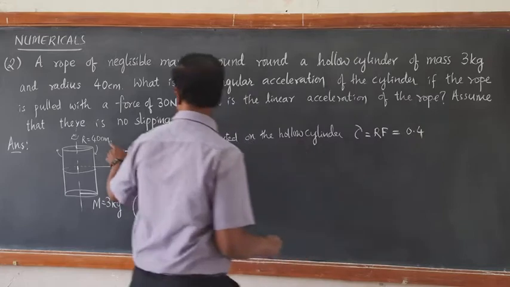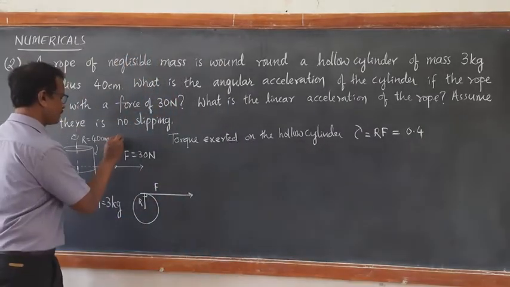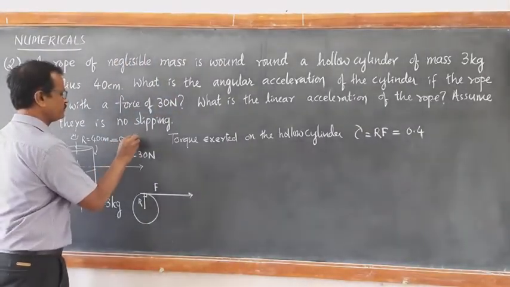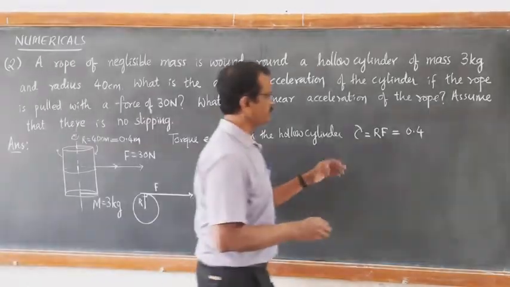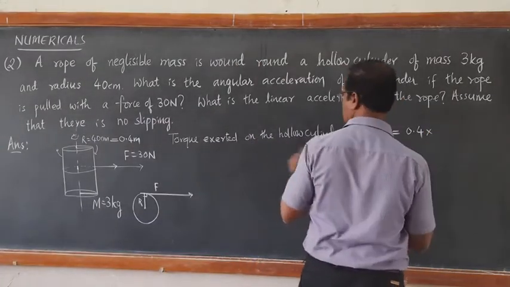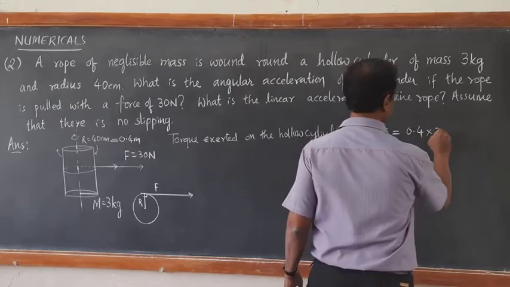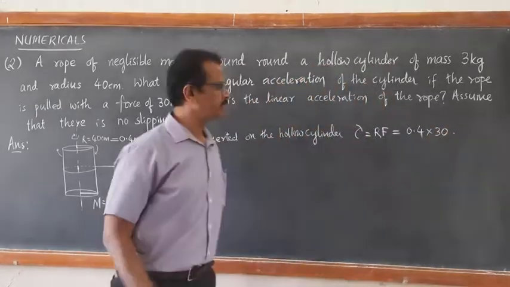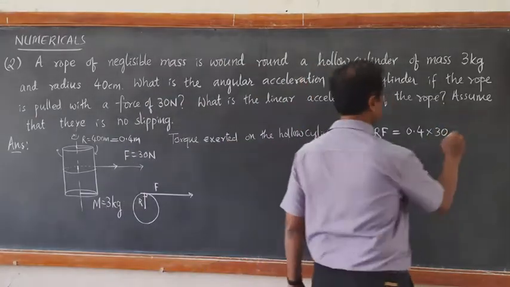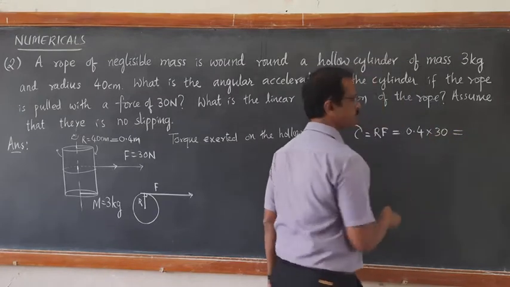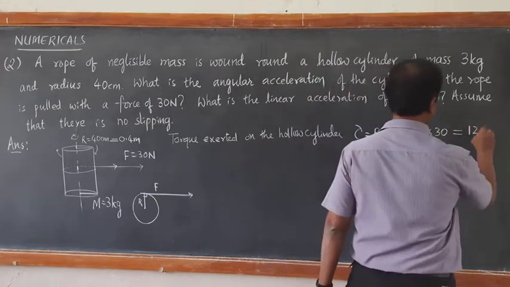40 centimeter is 0.4 meter, multiplied by the force 30 Newton. So torque is equal to 12 Newton meter.